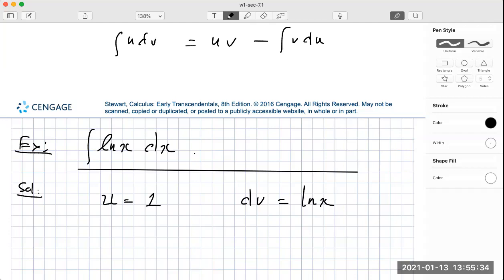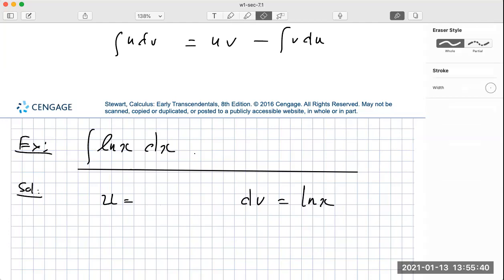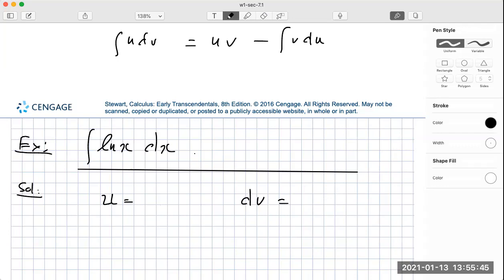And it becomes difficult, right? So how about we do the other way around? If we make this natural log of x, and this one is 1, right?